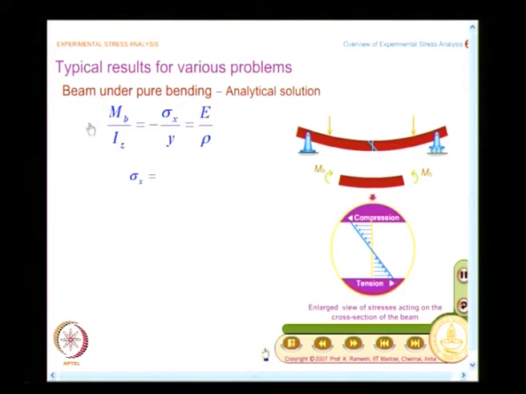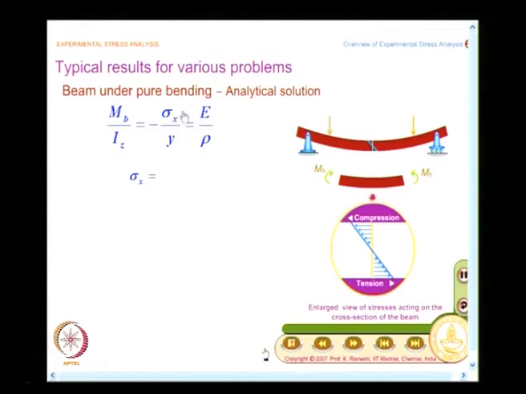Many times people simply say M by I equal to f by y equal to E by R. It is written in a different fashion here. Know the difference? It is one and the same. This is much more precise mathematically. We show that this is a bending moment indicated by a subscript b, and the moment of inertia is indicated as I_zz depending on the axis that is chosen for the problem.